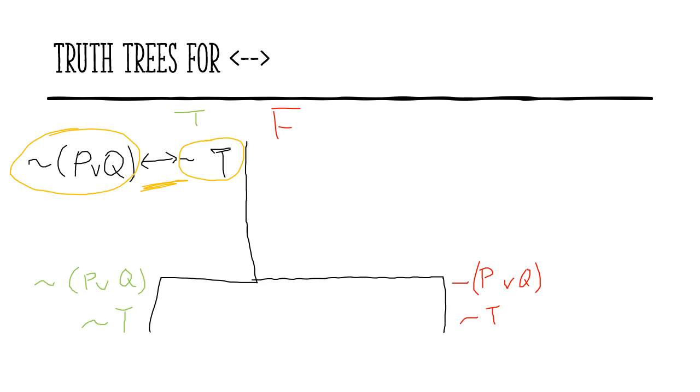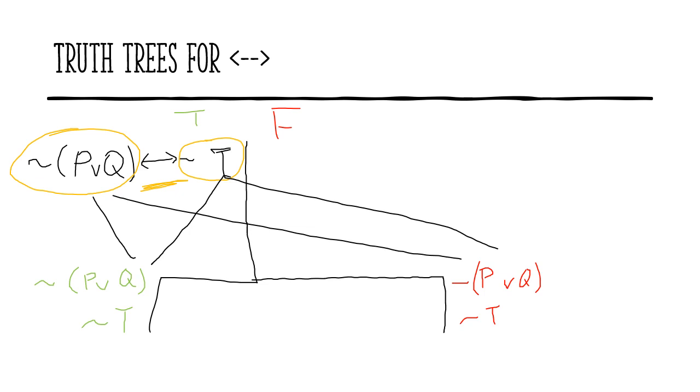So same thing as before. We take the left side and the right side, we split them apart, and then we branch it off and we stack them on the same side. Either both of them are true, or both of them are false. One or the other. That's what makes the double arrow a true statement.